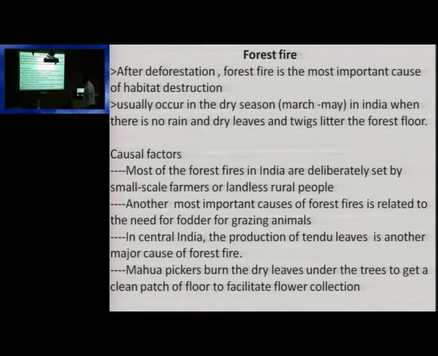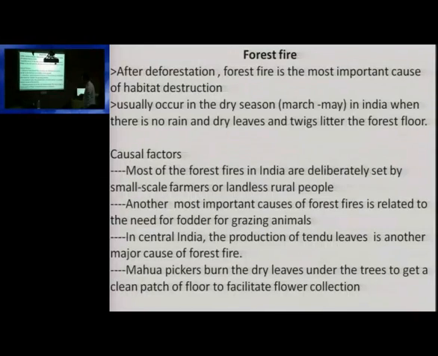In Central India, the production of tendu leaves, you all know this, okay, is another major cause of forest fire, because for this you need to burn a large tract of forest area in order to grow this.